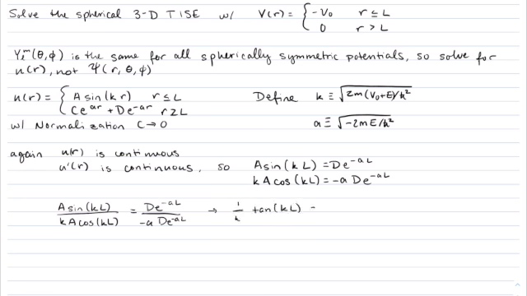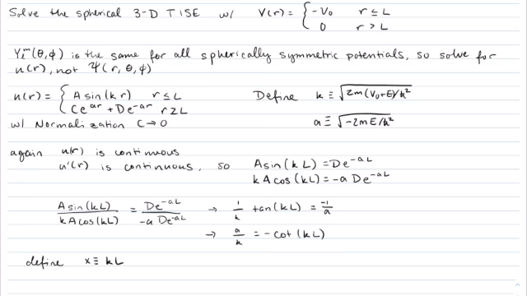This we will end up changing the form of, though, into a over k is going to be equal to minus cotangent kL. And then we can define an x, and we can change that to a cotangent that we can actually plug into Desmos, and then a term here that will end up being dependent on x and a constant.